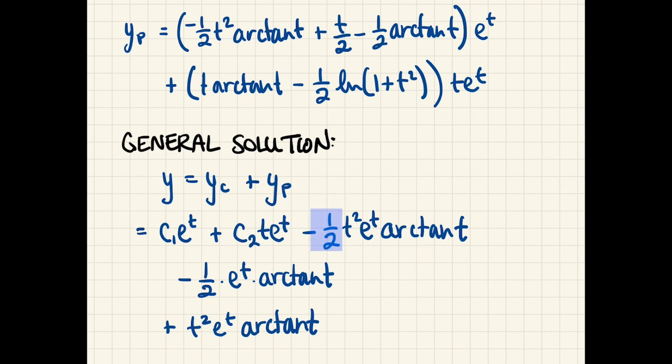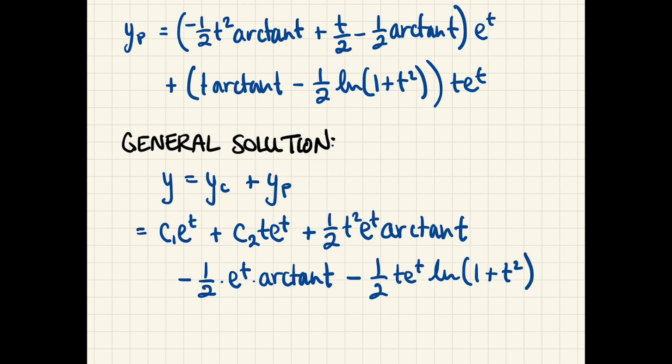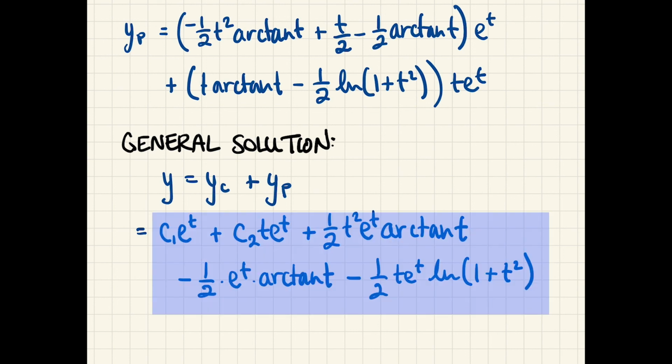That means negative 1/2 of this thing plus 1 of this thing will be positive 1/2 of that thing. Excellent. So last thing is just to distribute the t e to the t into this guy. Okay, so this huge thing is indeed our general solution.